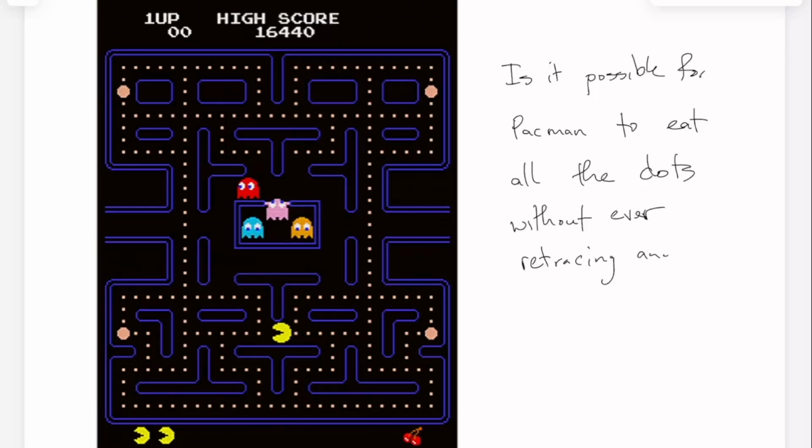This would be like the theoretical most efficient way to play Pac-Man, if you could just walk around constantly eating the dots and never go back across a place where you have already been before.